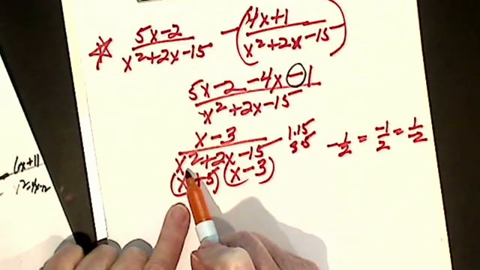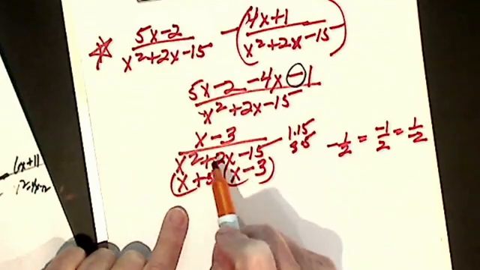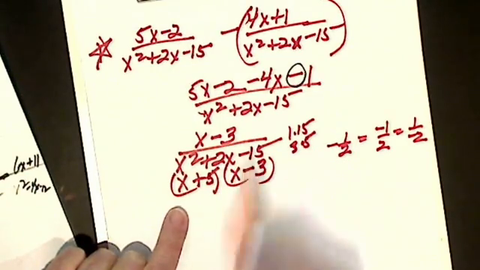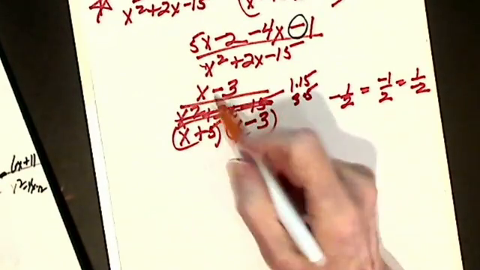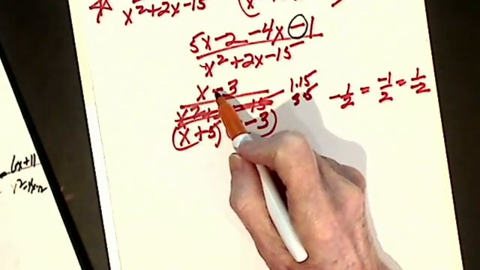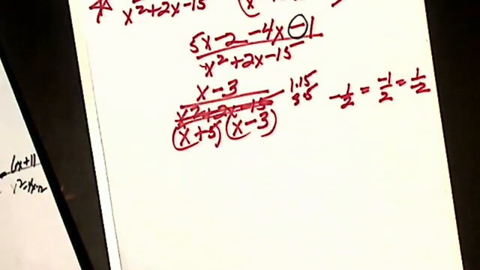I still have to check by FOIL to make sure. X times x is x squared. Minus 3x plus 5x gives me plus 2x. I get minus 15. So now that replaces that. So now I look at this and I go, I have x minus 3 here. I have an x plus 5 and an x minus 3. Can I cancel the x minus 3's? Well, if they're factors, I can. If they're terms, I can't.